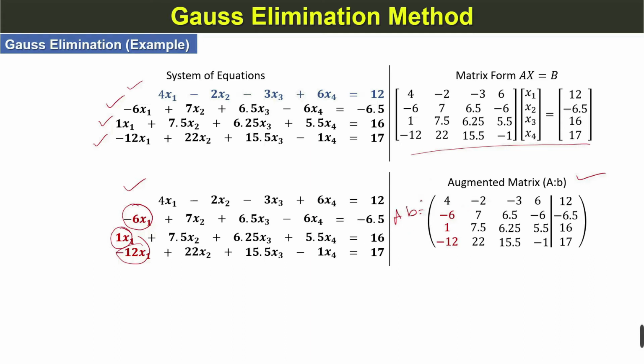We know that this is the pivot equation, and this one is the pivot element, and we eliminate all the matrix elements that are below the 4, that is minus 6, 1, and minus 12, and we convert this into the upper triangular form.